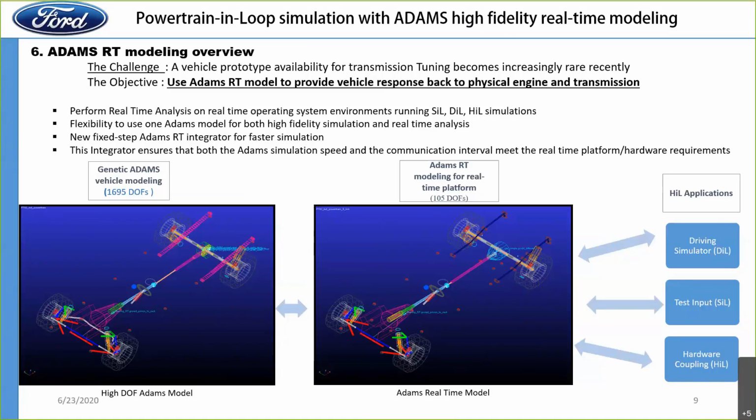However, the generic Adams vehicle model has more than 1,000 degrees of freedom, which cannot be handled in real time by any computer right now. We have to reduce the degrees of freedom from more than 1,000 to about 100.